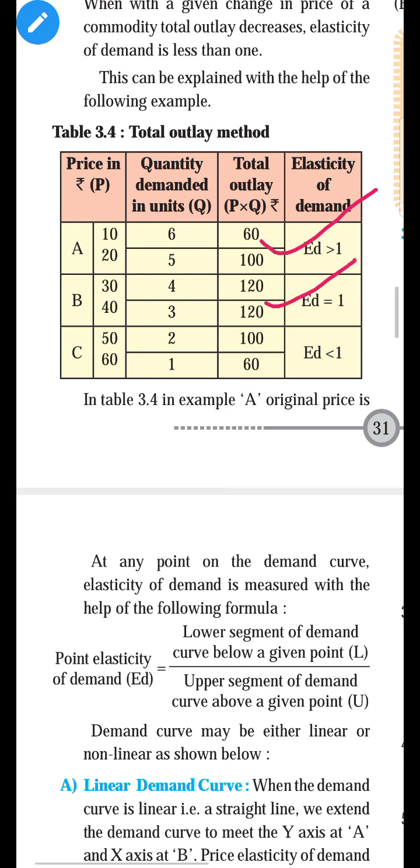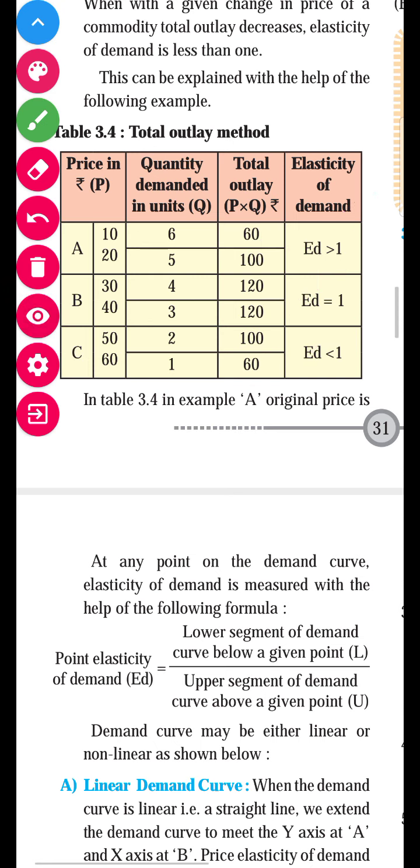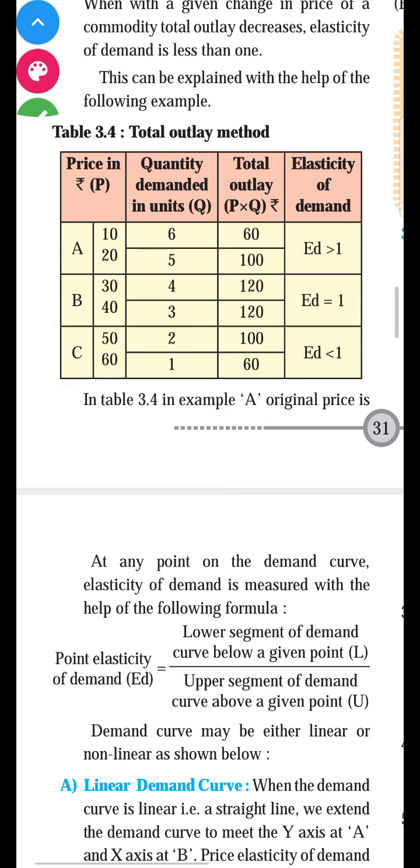And when price changes more and demand changes less, it is relatively inelastic demand. Let us see the example given in your textbook. In example A, when the price of the commodity is 10 rupees, the demand is 6 kg, or 6 units.